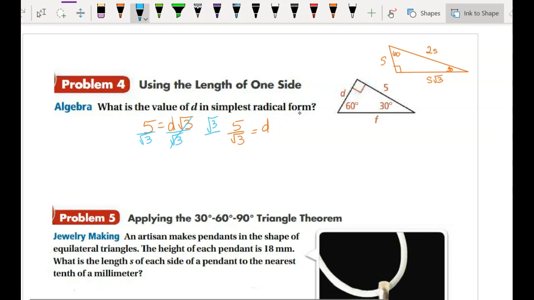We're going to multiply by the square root of 3 over the square root of 3. It looks weird, but square root of 3 divided by the square root of 3 is 1. We just kind of dressed it up a little bit. So now we have the square root of 3 times 5 all over 3 is equal to D. And this is our simplest radical form, so we are done.